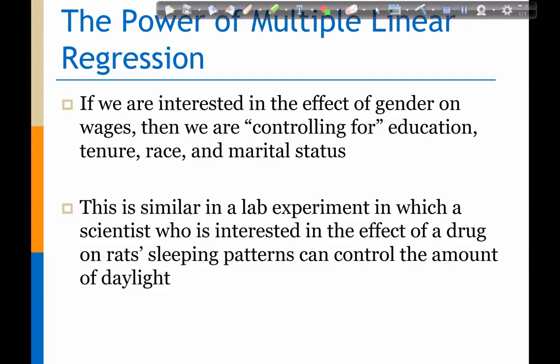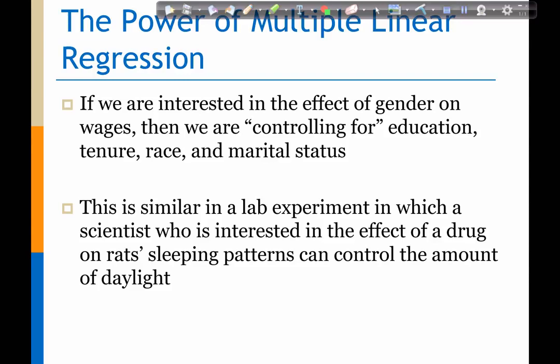And the idea behind this is that it's similar to what a scientist does in the lab. So if a scientist is interested in the effect of a drug on rats' sleeping patterns, that scientist can control for many other factors in the lab, like the amount of daylight or the amount of food that the rats get, and so on.